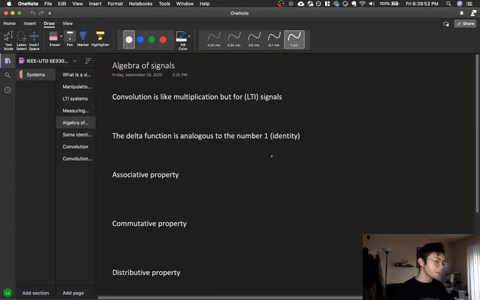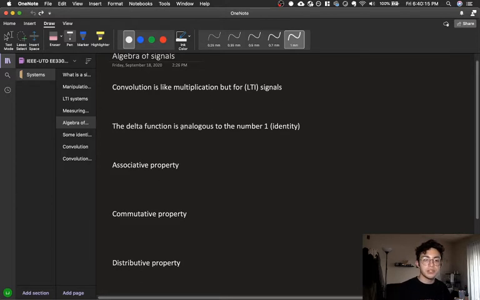In the space of signals, the convolution of two of them is going to be similar to multiplication of numbers. What this means is that there are going to be a lot of properties of convolution that are very similar to those of multiplication of real numbers.